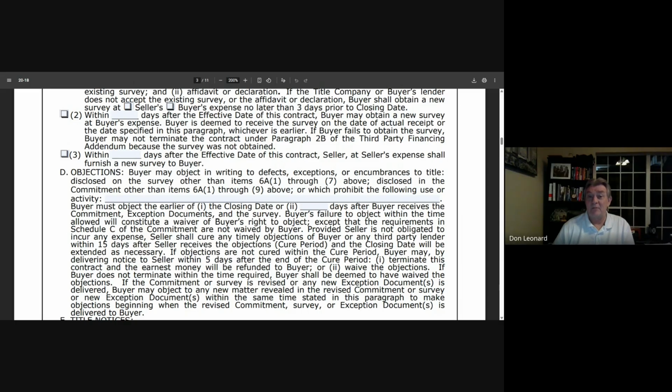You can put whatever number of days you want because they're not going to meet the requirement, since they're not going to do it. You can put 5, 10, or 15. Now that you bring that up, that got my wheels turning. If I were the buyer and it's a cash deal, I would probably push that to 25 or something like that.